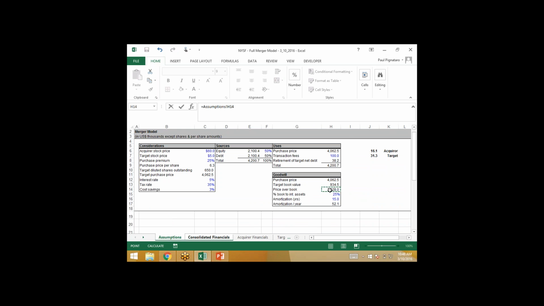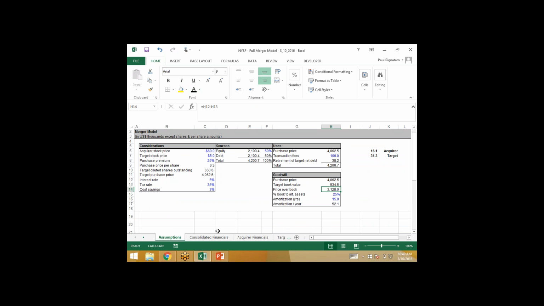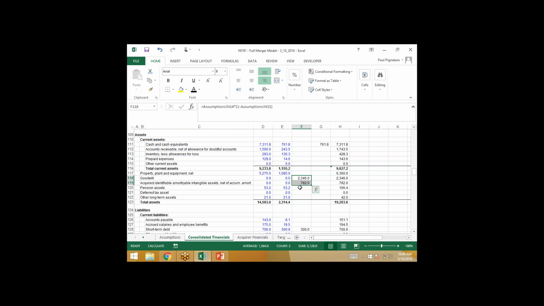Times, in parentheses, 1 minus the 25%. Okay? That's the goodwill. In other words, the sum of the goodwill and intangible assets is 3128. That's the purchase price over book value. 3128 is the purchase price over book value. Okay?